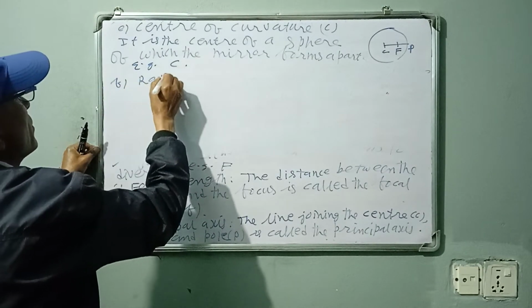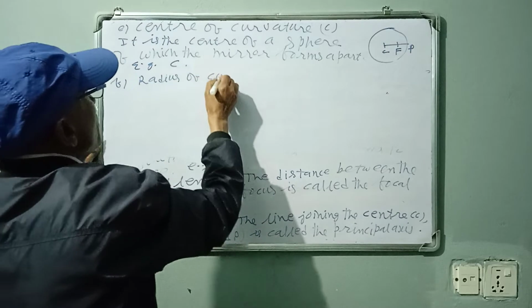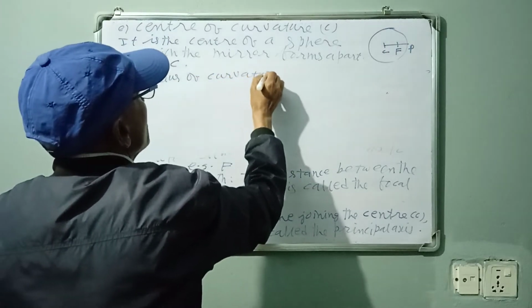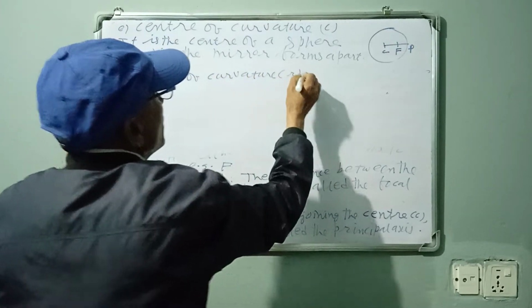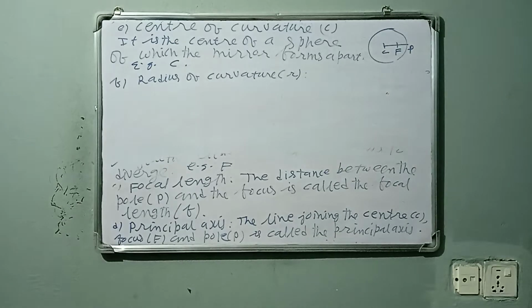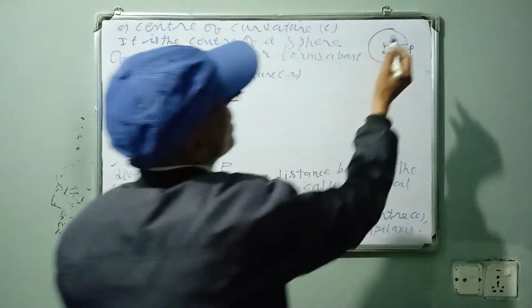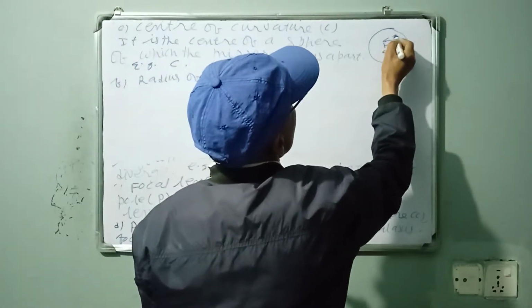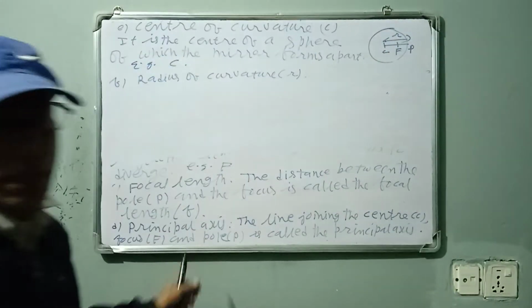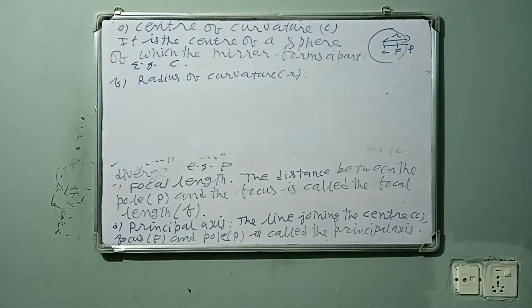Radius of curvature, small r. What do you mean by radius of curvature? The distance between pole and center. Distances are always measured from the pole.